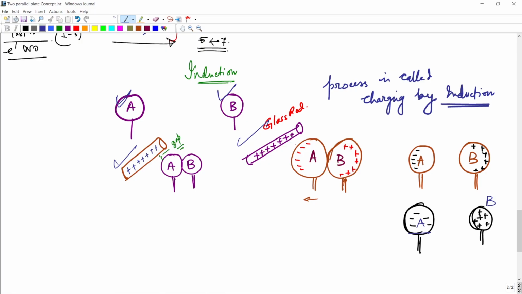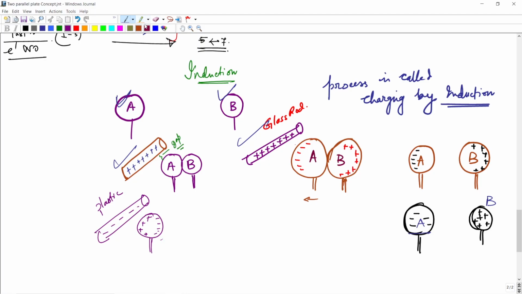Okay. Now, with the same concept, if I take a metal ball here and bring a plastic rod near it. The plastic rod is negative, so positive charge is on the near left side, and the negative charge is far from the plastic rod, here.